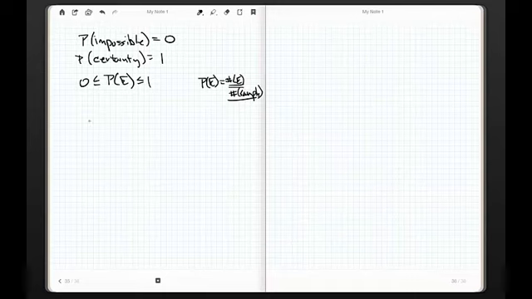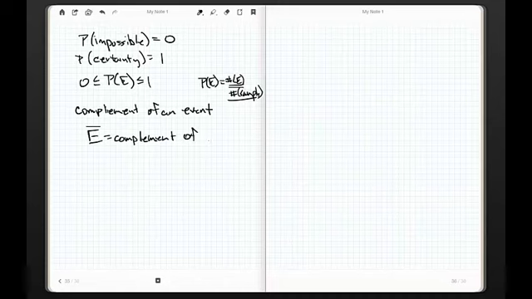Okay? Now, real quick, let's talk about the complement of an event. And we've got a notation for this. And I'm going to use a Venn diagram. This is equal to the complement of E. Venn diagrams are the easiest way to show this.